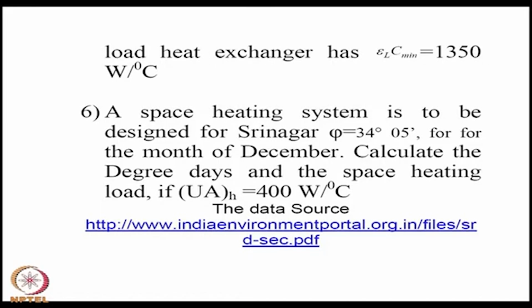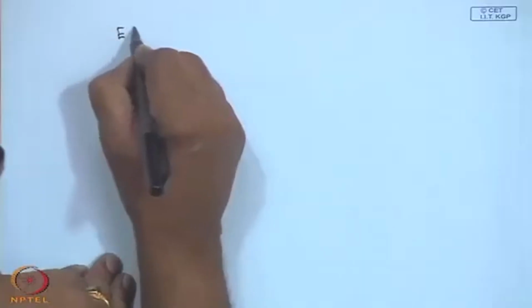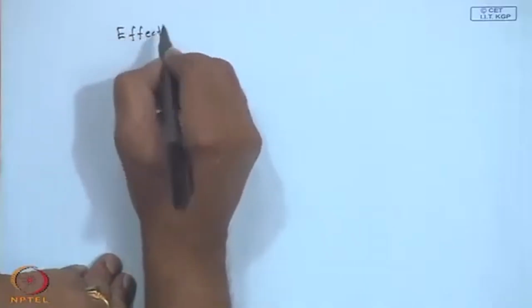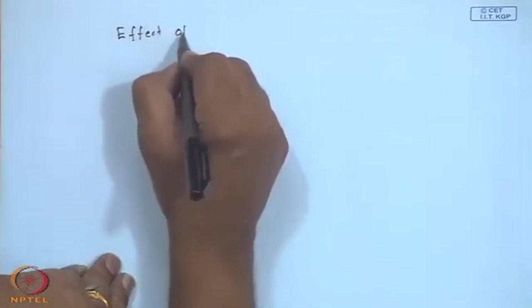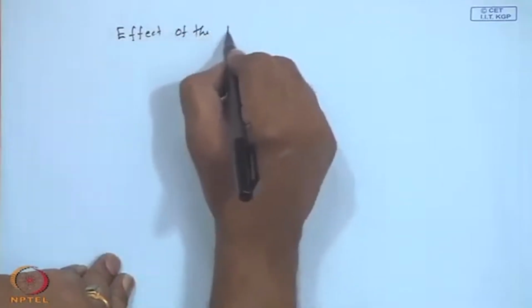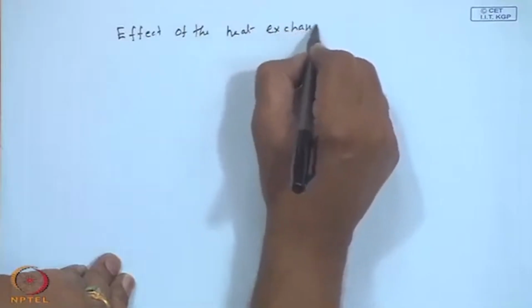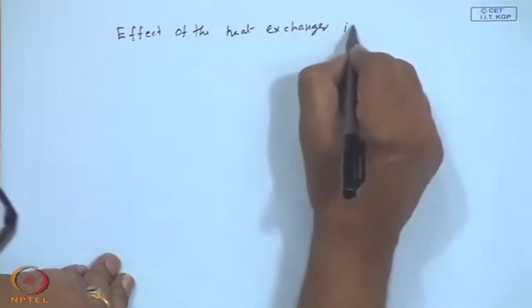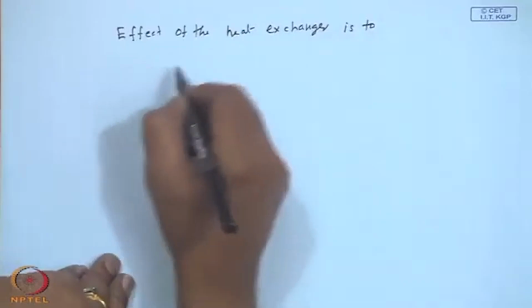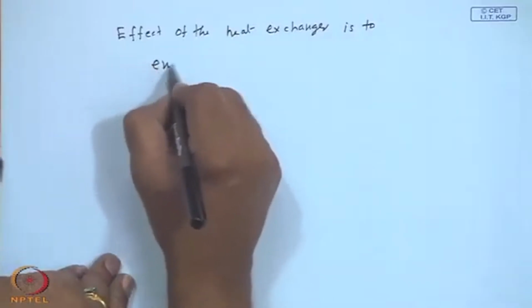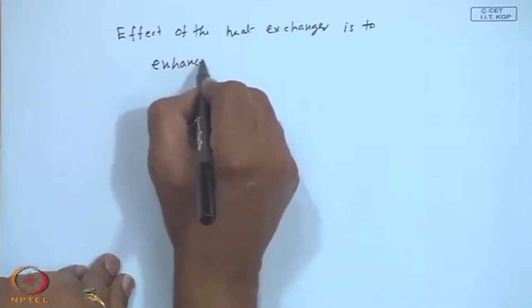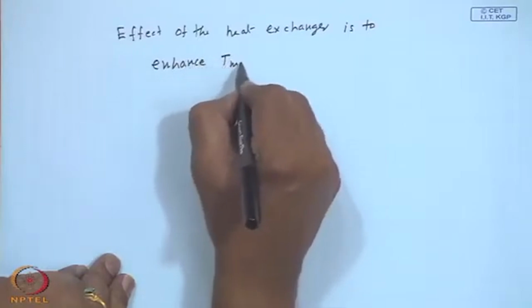Now, to include the effect of the heat exchanger, not the effectiveness, the effect of the heat exchanger is to enhance T minimum.